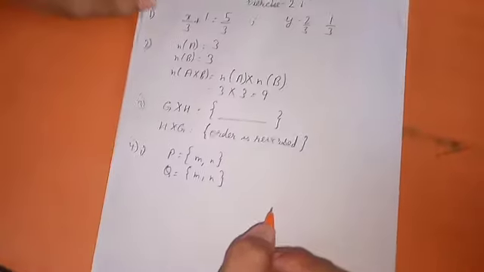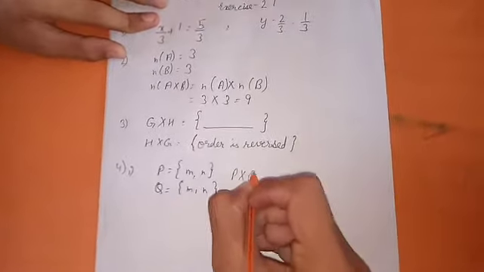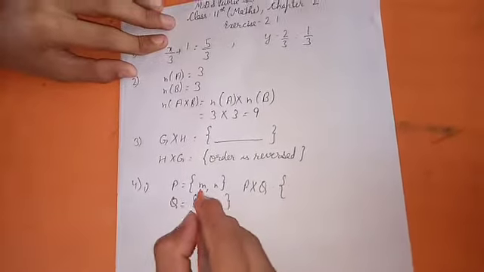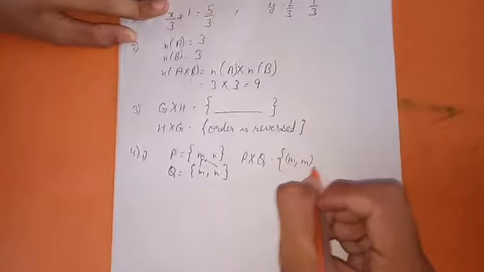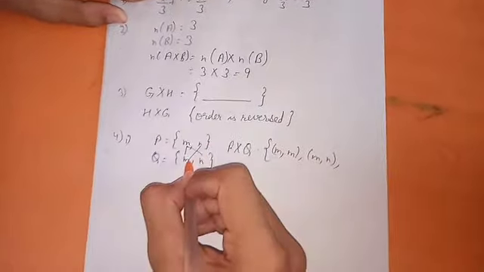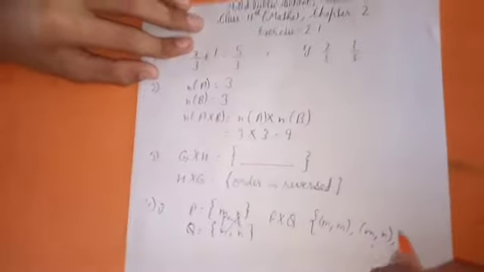Okay, and then we have to find P cross Q. Now P cross Q will be, we will multiply this with this and then it will be MM, then MN. Okay, now N with M, this we have written already, so no need to write it again. Now N with N. So what do we get?